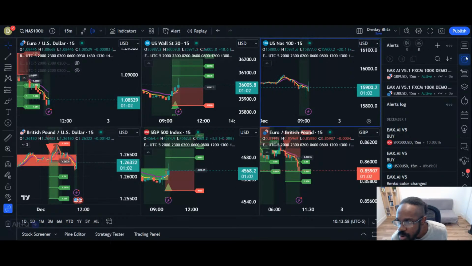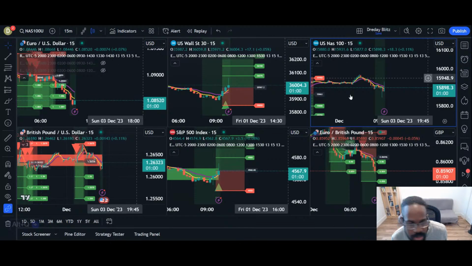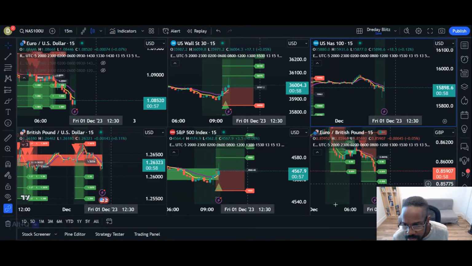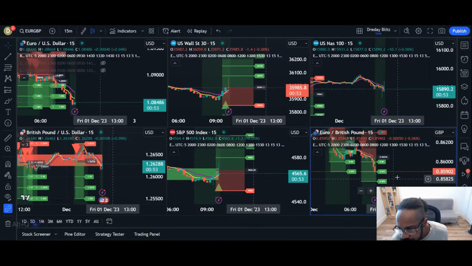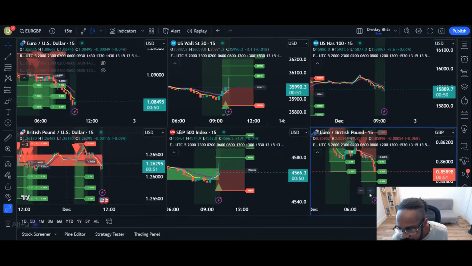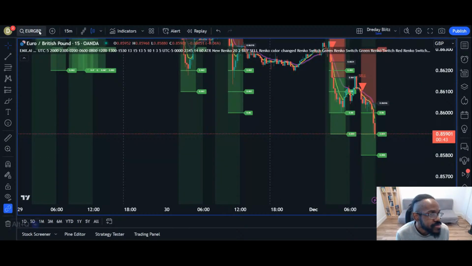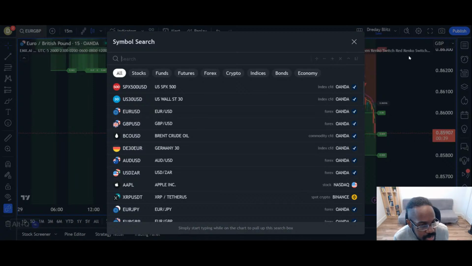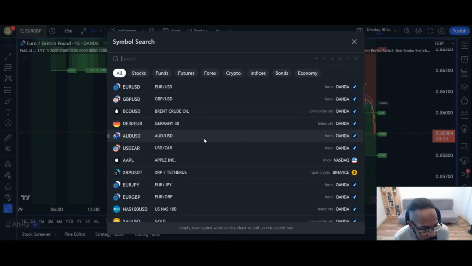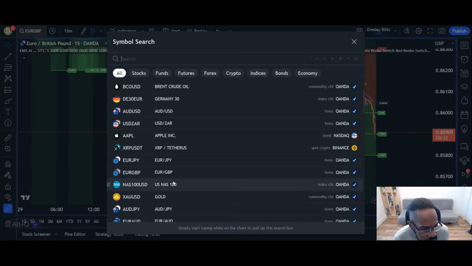So while waiting for other signals, guys, let's look at other markets. So I'm just going to change the Euro GBP window, and we'll look at other types of market. Let me check what we have here. Let me check something that is within session. Yeah, we have gold.